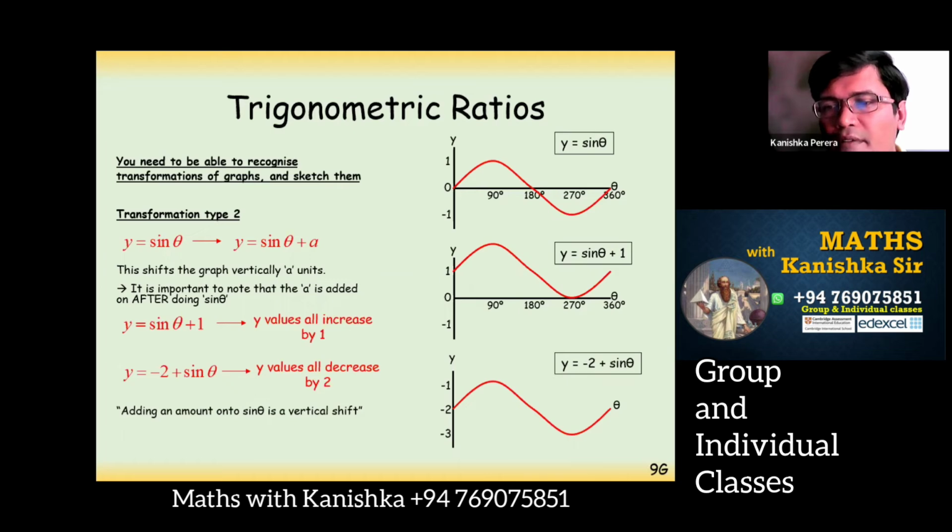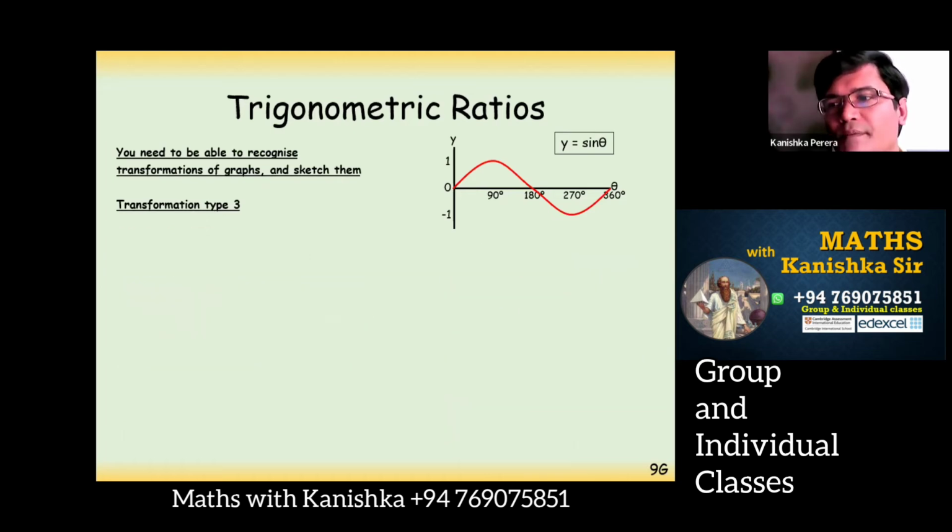Adding an amount to sine theta: vertical shift. Third transformation. It's the basic sine theta, and previously you saw the value outside, but here we can find it inside the angle, the particular angle that's going to be changed by the amount they are mentioning.